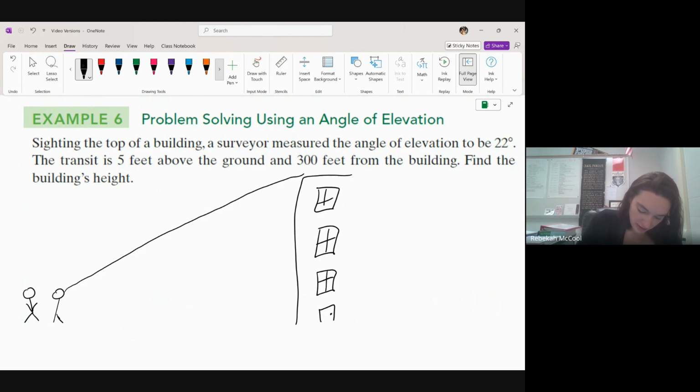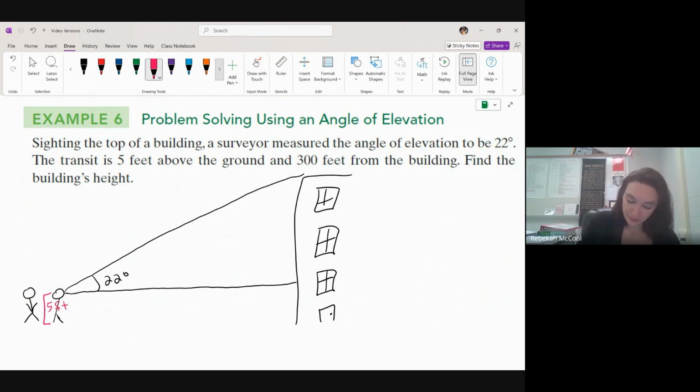Now they're telling us this would be our horizon for that transit. So this angle here is our 22 degrees. They're telling us the transit is 5 feet above the ground, so this tool is 5 feet above the ground, and it's 300 feet from the building.